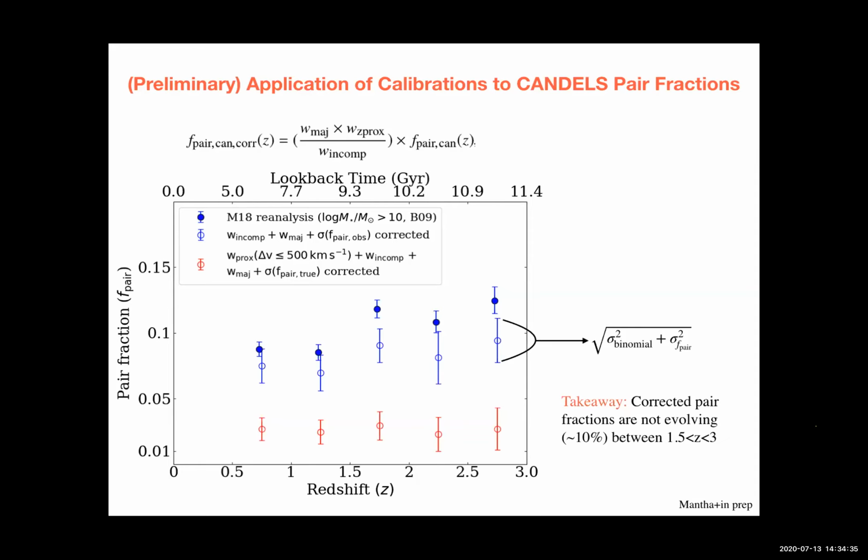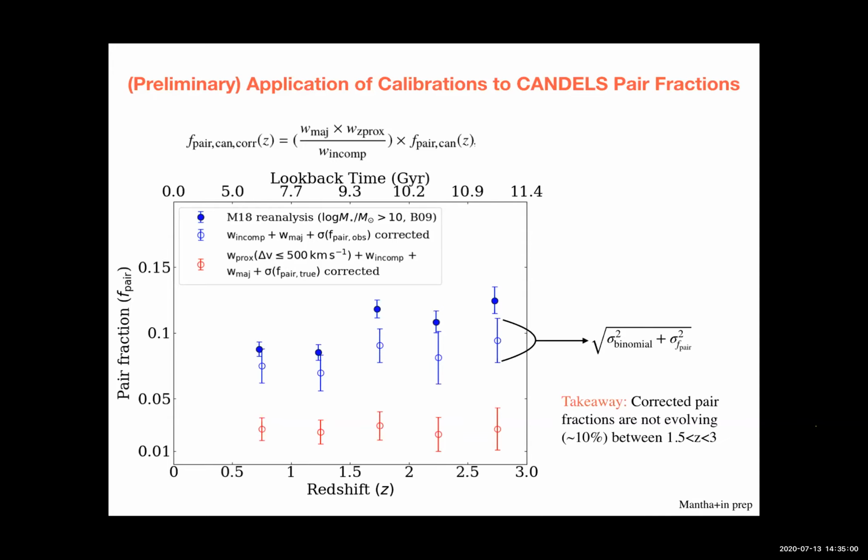I'm actually making a comparison between the solid blue points and the open blue points. I think you're making a comparison between the blue points and the red points. Right. That comparison is fine, and in that case, the major contribution is coming from the redshift proximity correction.